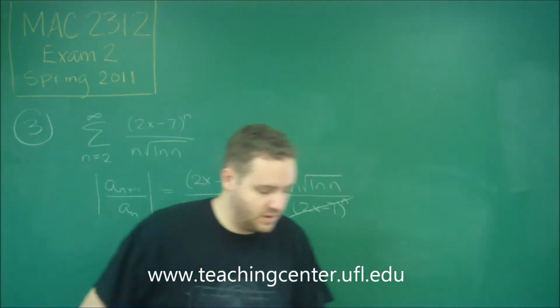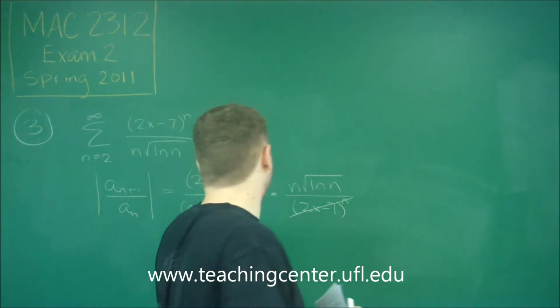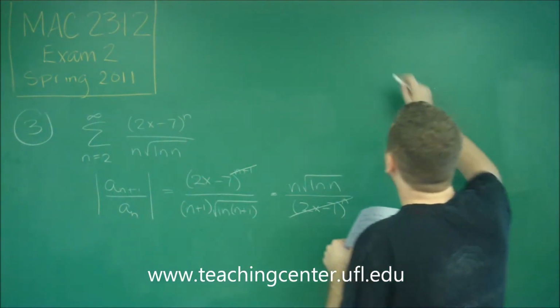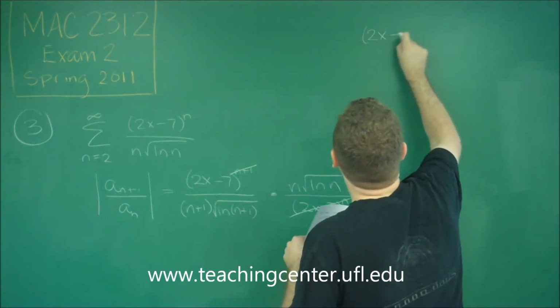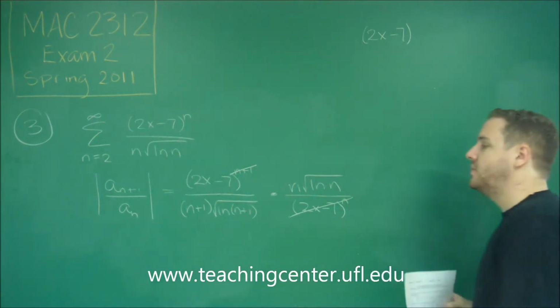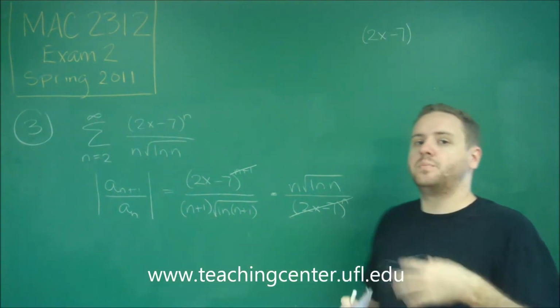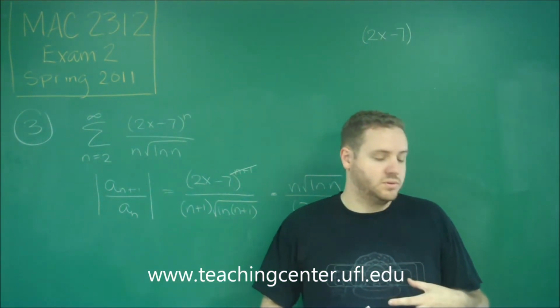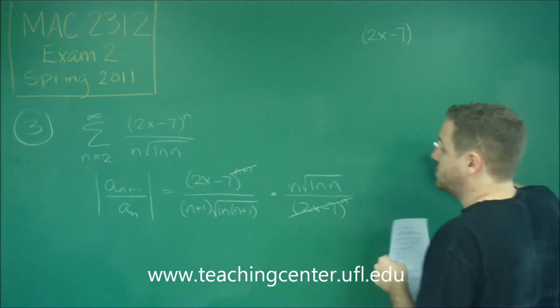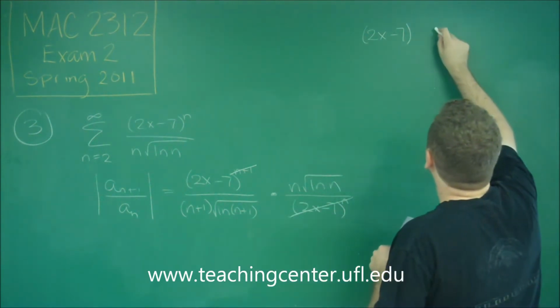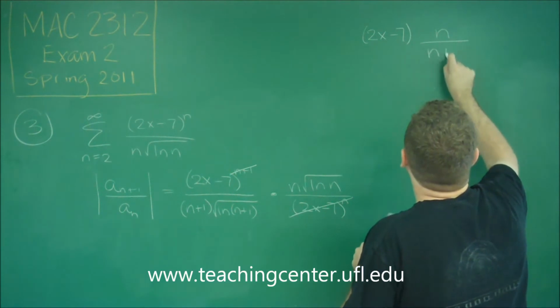So let's evaluate some of these things. We have 2x minus 7. With the remainder, I'm going to group them in kind of logical ways. So we have 2x minus 7 times n over n plus 1.